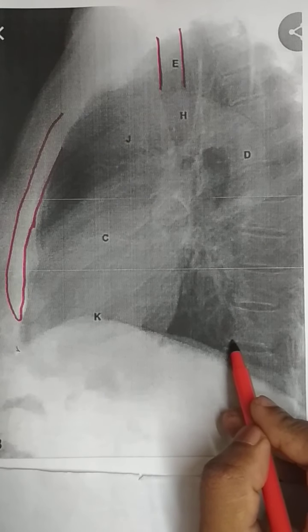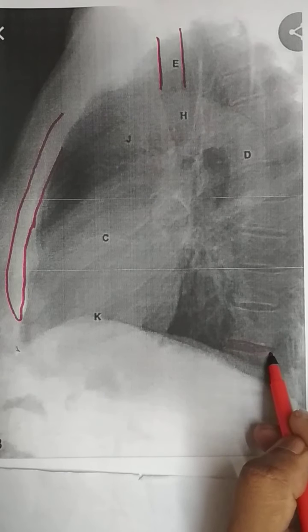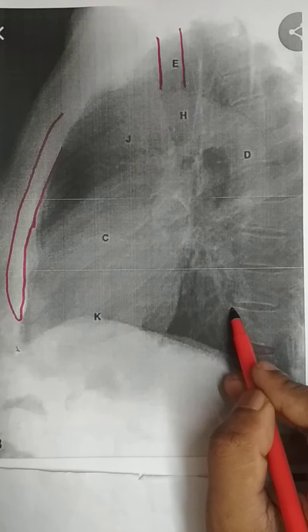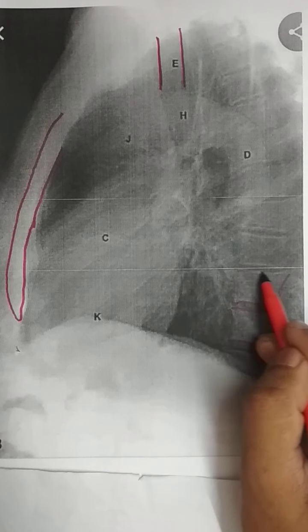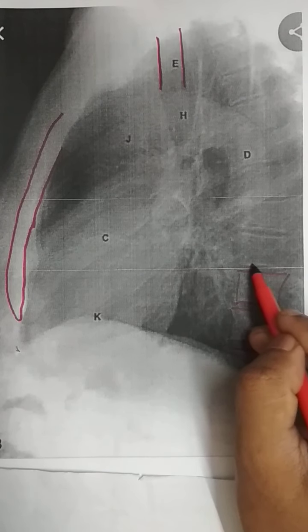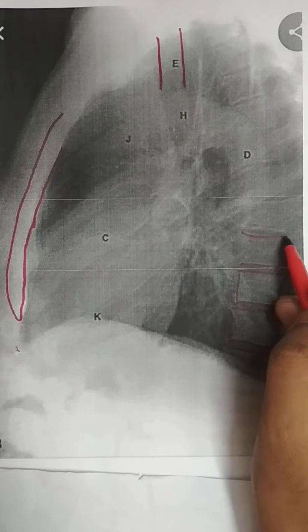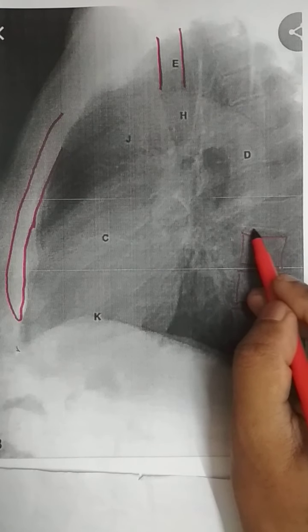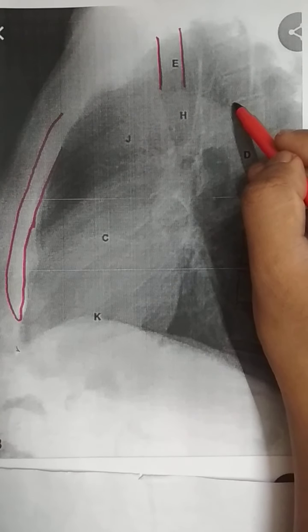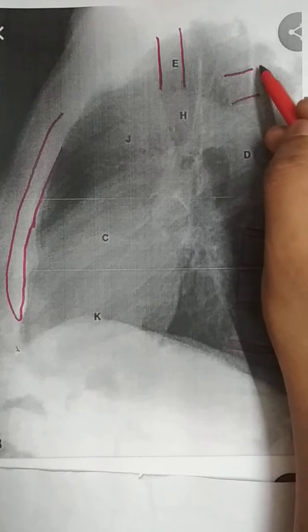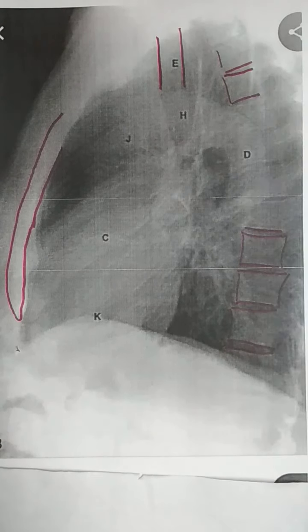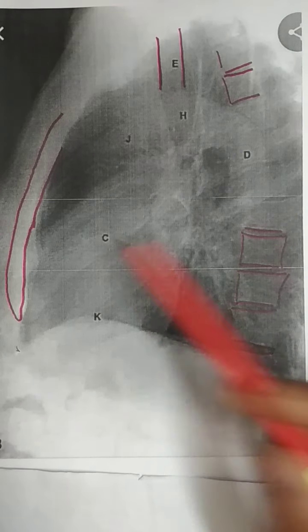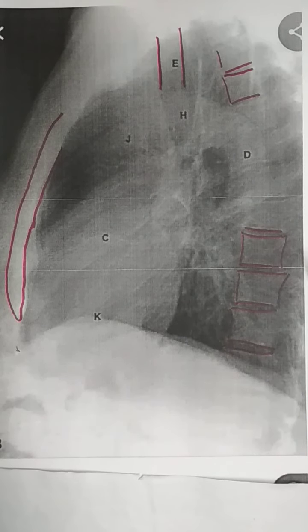We can mark the spine, the borders of the vertebrae. So you can mark the spine and the sternum. This is all about section B, the bones, the sternum and the spine, the vertebrae.